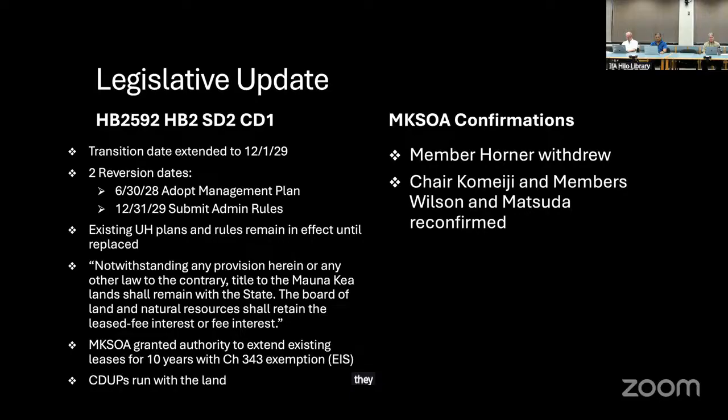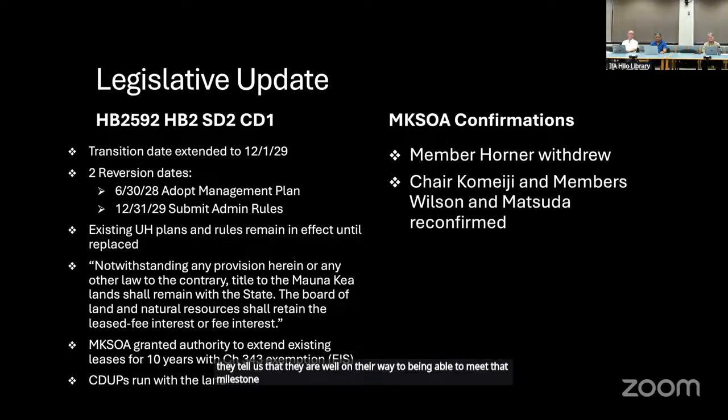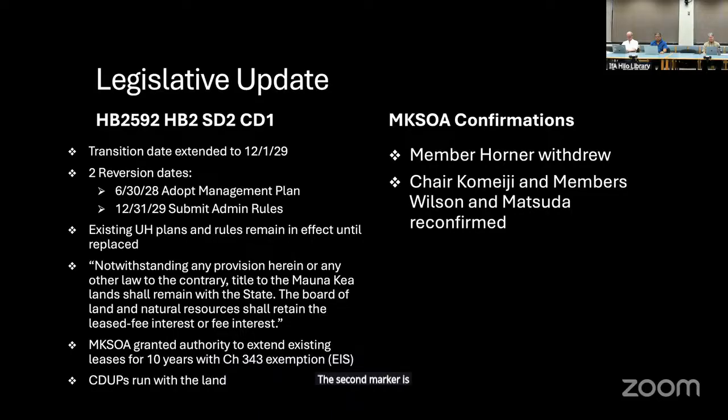They tell us that they are well on their way to meeting that milestone by that date with no problems. But at least there's a marker of significance that they have to complete by June 30th of 2028. The second marker is December 31st, 2029.